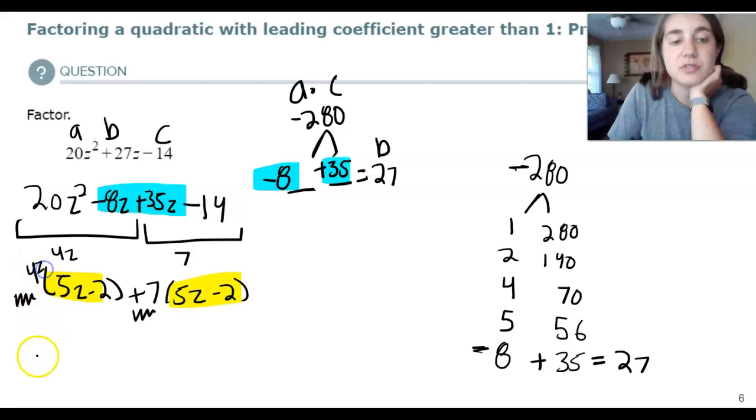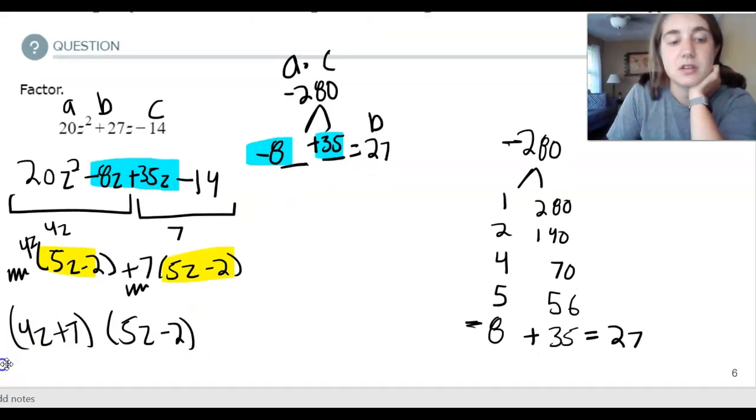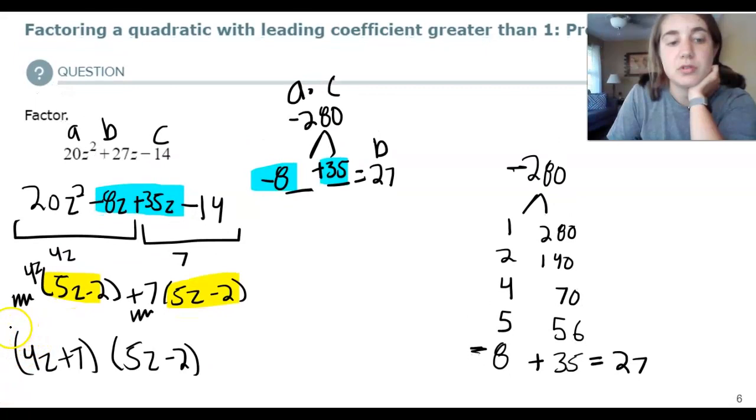That should say 4z. So I pulled out a 4z plus 7 is my leftovers. So that would be my answer there.